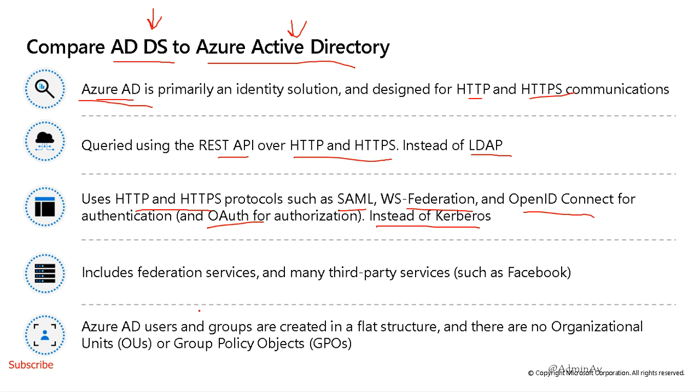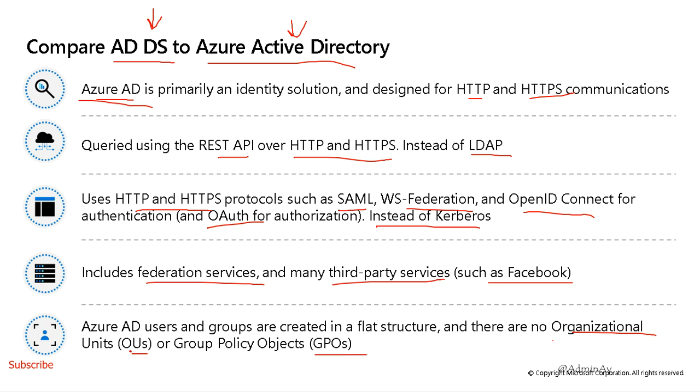The Azure Active Directory also includes federation services. We are going to talk about federation services as class moves on, and also many other third-party services such as Facebook. And Azure Active Directory users and groups are created in a flat structure. That is, unlike the Windows Server, there are no organizational units, no OUs or GPOs.